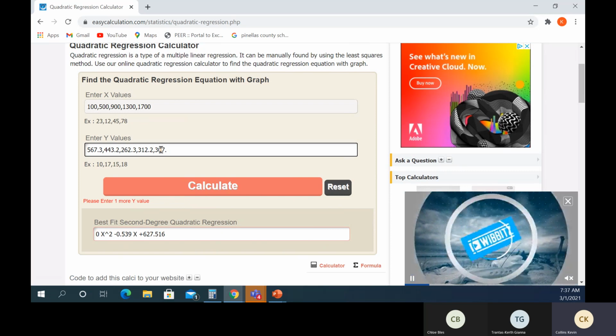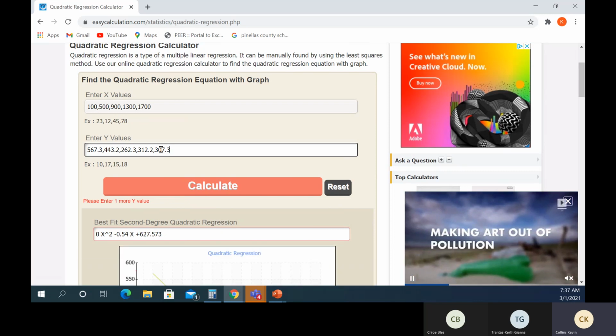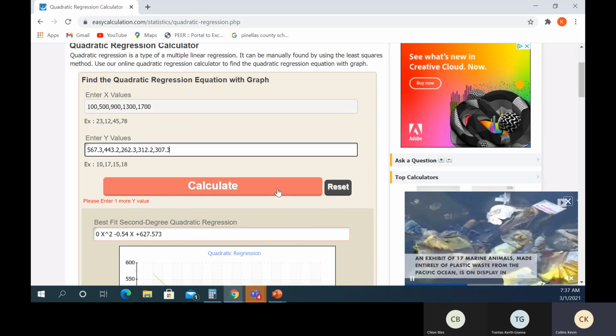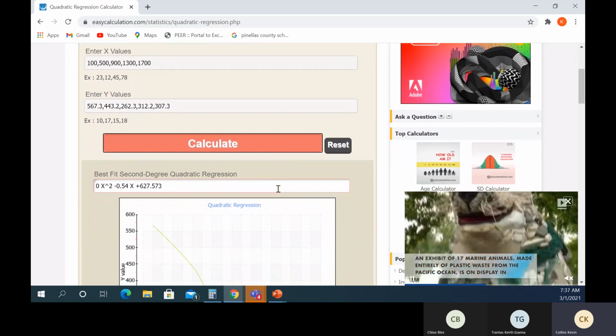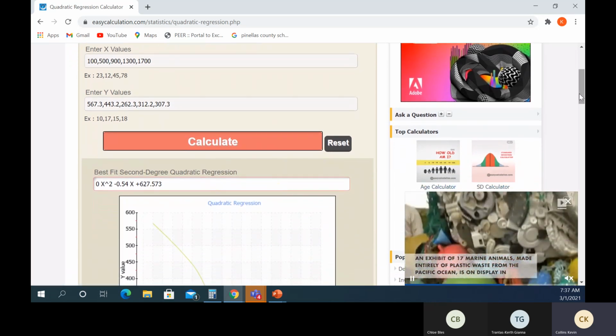Not much difference, but there. Okay, and then calculate. So here's our new guy.